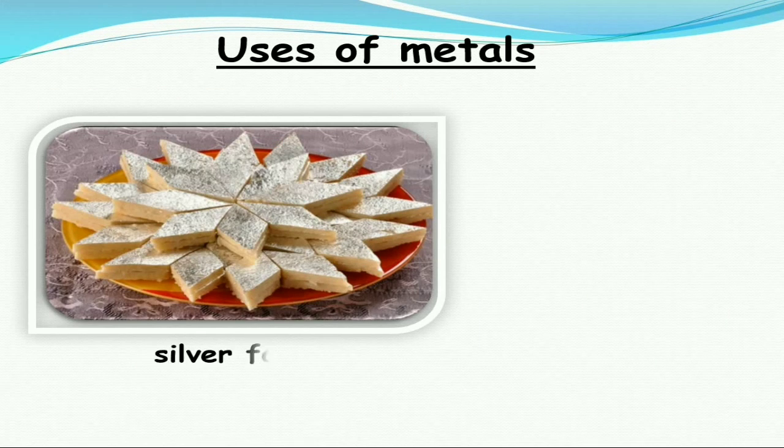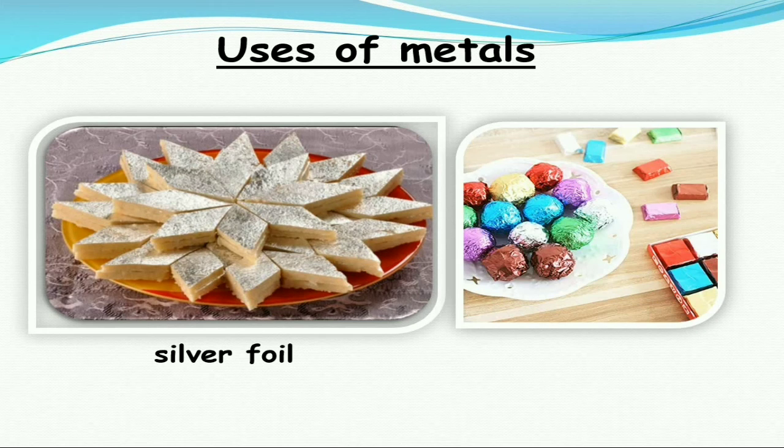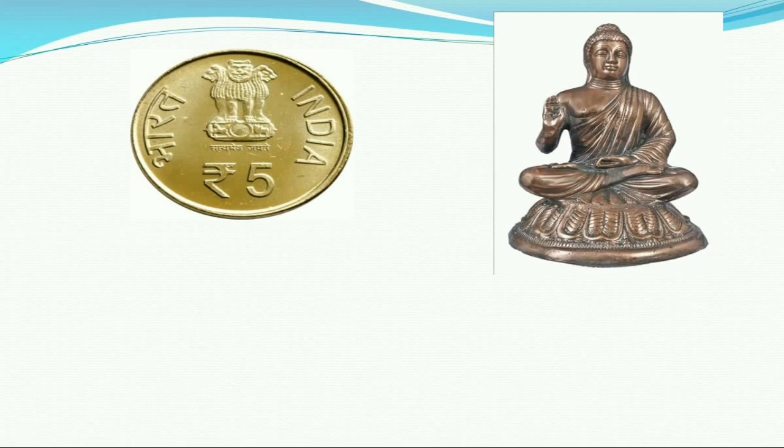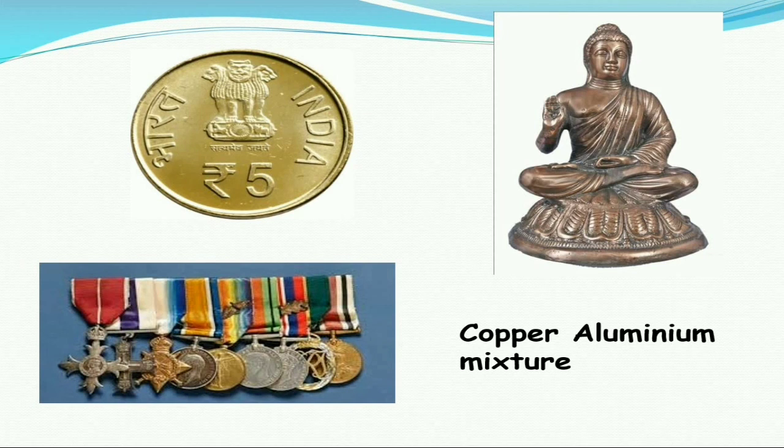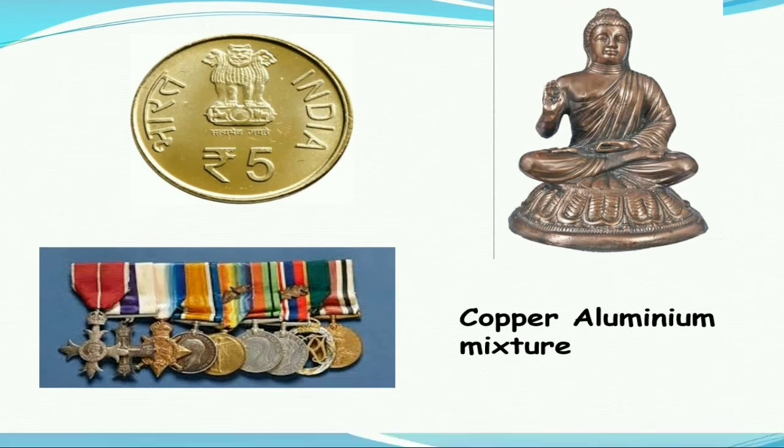Uses of metals. Silver foil is used to cover the sweets, and aluminum foil is used for parcel making. And all these are made up of a combination of metals. They are copper and aluminum mixtures.